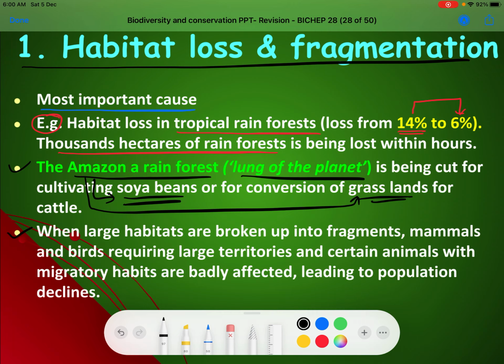Very large habitats are broken up into fragments. Why? Suppose there is a large jungle area, but we divide it into 2, 3, 4 parts, for example, a large area now divided into separate states.